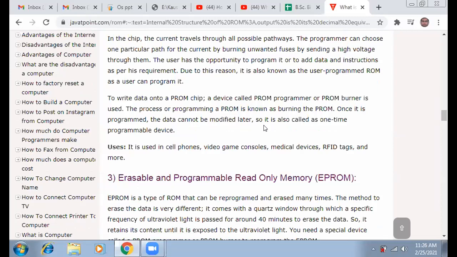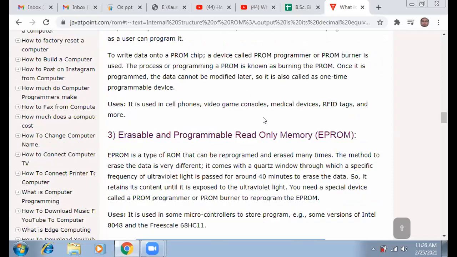That means the programmer can burn some kind of code within the ROM, so it works like an intelligent chip inside your computer system. The programmer can burn some sort of logic inside the ROM. ROM is a non-volatile memory, so whatever you burn, you would have to remove that burning logic from the ROM.